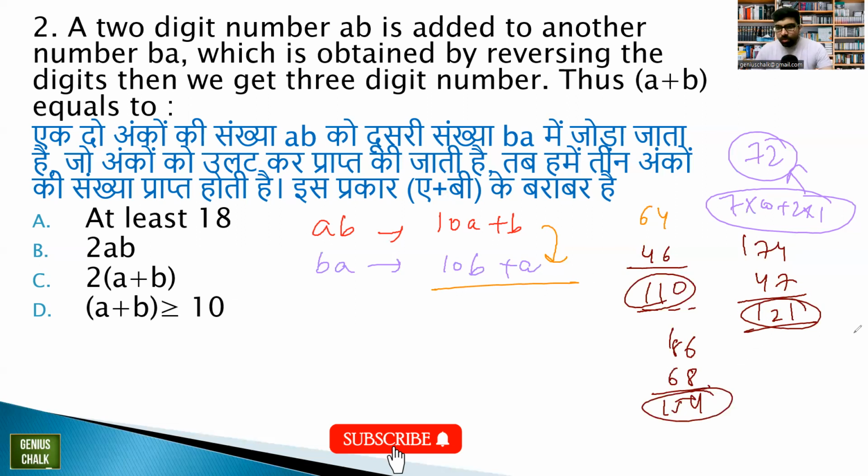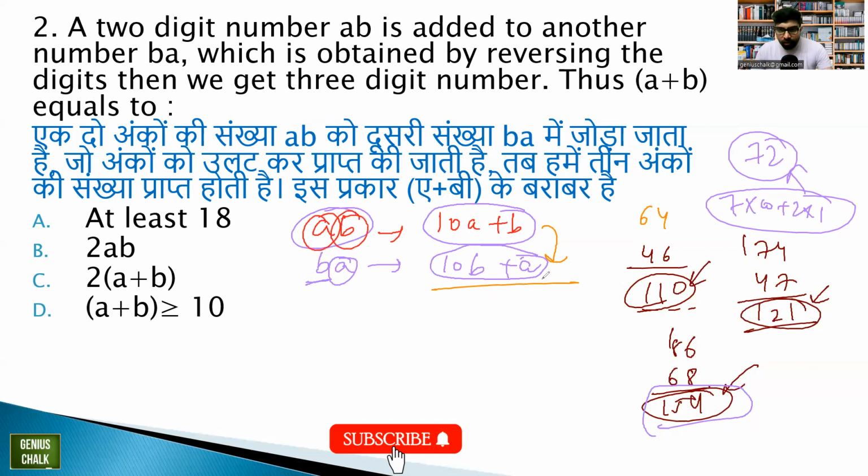Yes, we are observing something: all these numbers which I am getting are multiples of 11. They are all multiples of 11, students. And why are all these numbers multiples of 11? Because of this reason. See, if the number is 10A plus B, and if I interchange, it becomes 10B plus A. This B is at 10's place, so I multiplied by 10. This A is at 1's place, I multiplied by 1. Similarly, this AB as well: this is at 10's place, this is at 1's place.